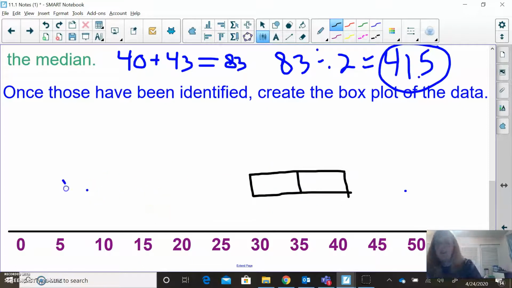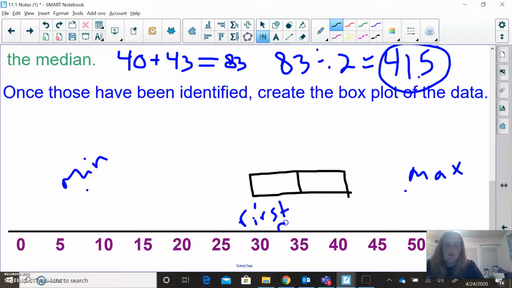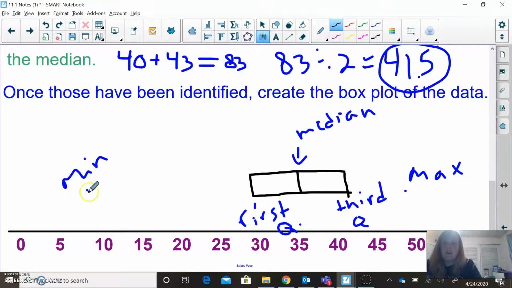So this is our min. This is our max. This is the first quartile, and I'm just going to shorten it to Q. And this is our third quartile. And this part right here, that's our median. But last but not least, you have to connect the maximum and minimum to the box.